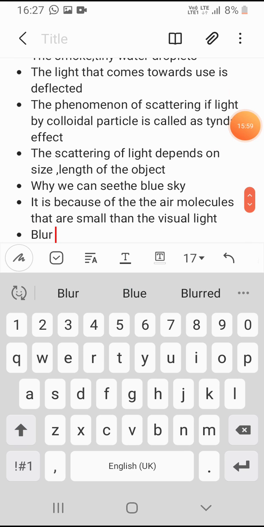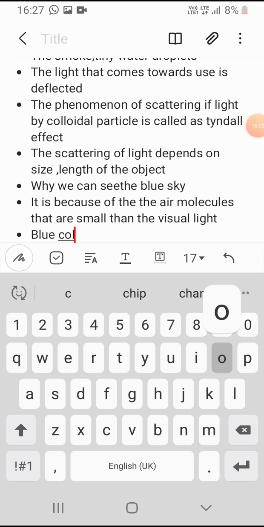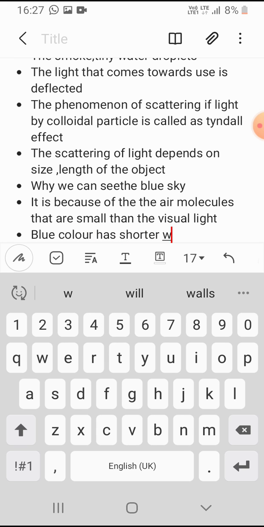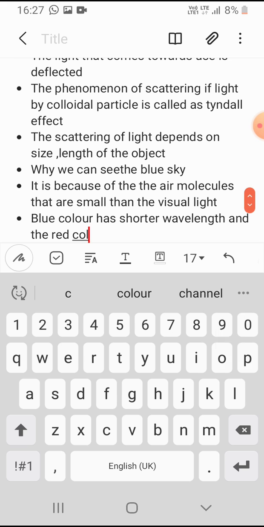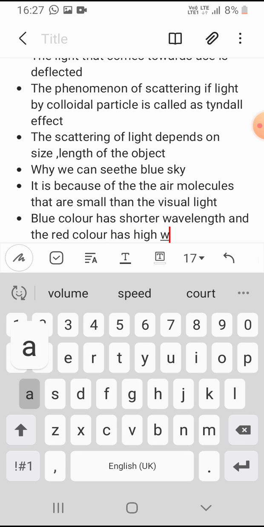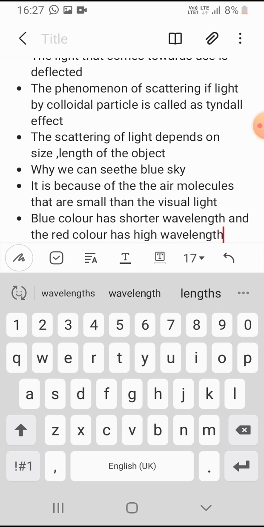Blue color has a shorter wavelength, and red color has a longer wavelength. If the wavelength is shorter, it can pass through the air molecules easily, but if it is longer, it may not scatter as much.